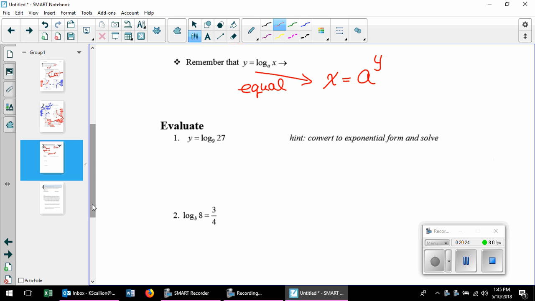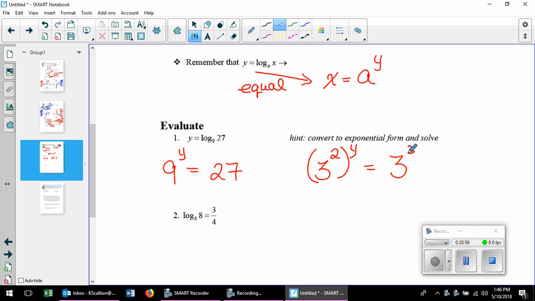Let's solve these in exponential form. So what am I going to do? Base 9 to the power of y equals 27. So this is your chapter 7 knowledge coming in. So what am I going to do? 3's. So 3 squared to the y equals 3 to the exponent 3.